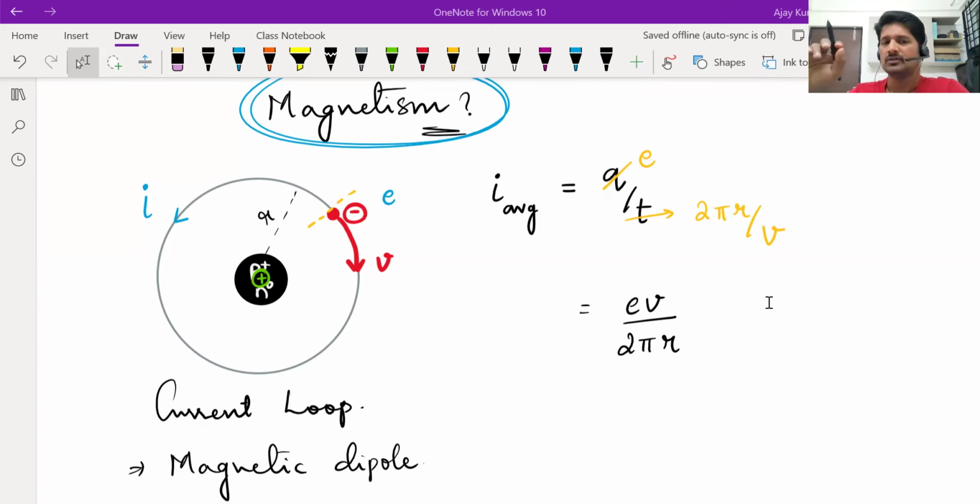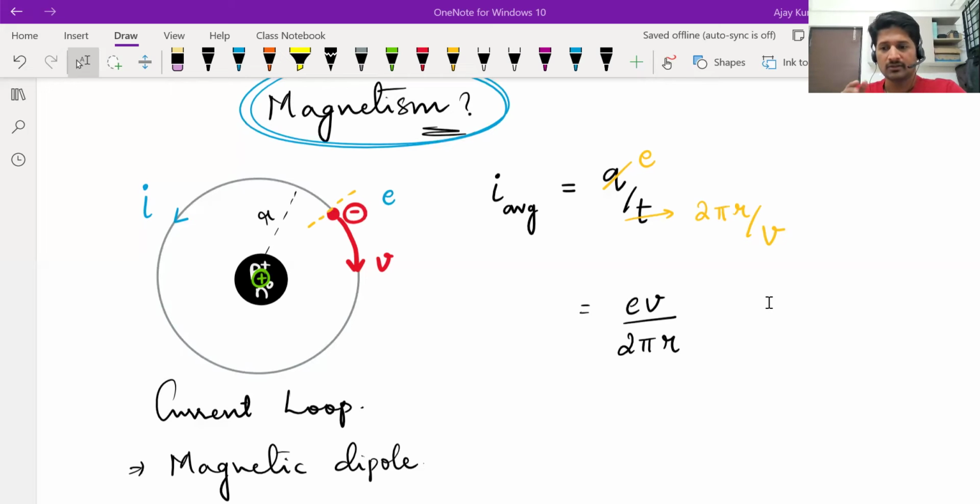Suppose there is one electron revolving clockwise like this, and in the same atom there is another electron revolving anti-clockwise at the same rate. Then the magnetic field produced by this electron will get cancelled by the magnetic field produced by that electron. From whatever chemistry I understand, that is what they mean by pairing of electrons.